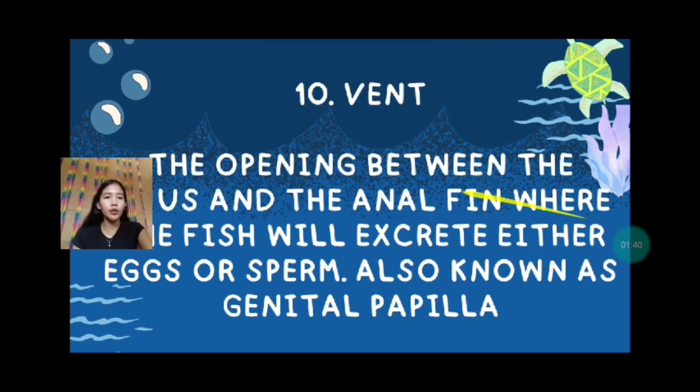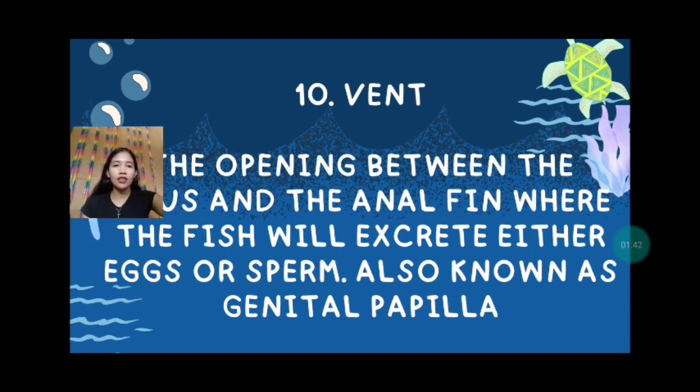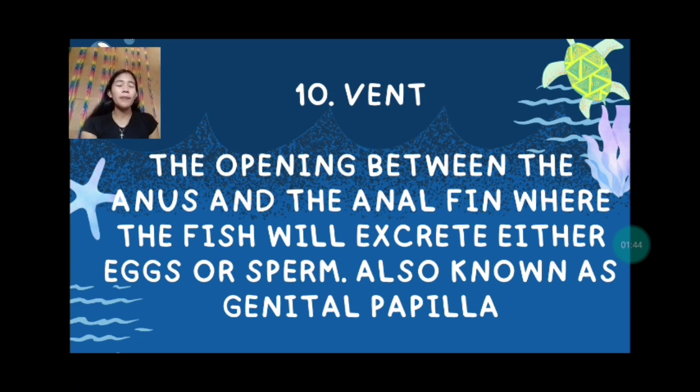The last one, we have here the vent. The vent is the opening between the anus and the anal fin where the fish will excrete either eggs or sperm, also known as the genital papillae. The vent is also known as the cloaca, which serves as the opening for the excretion of waste material, including urine and reproductive products.